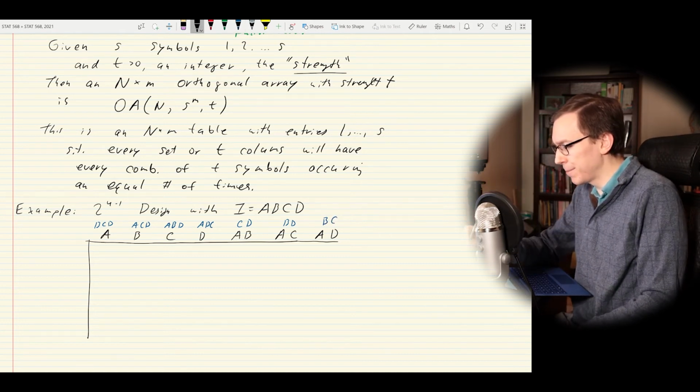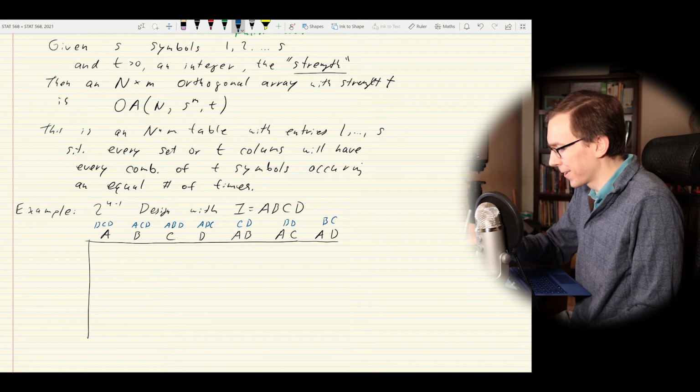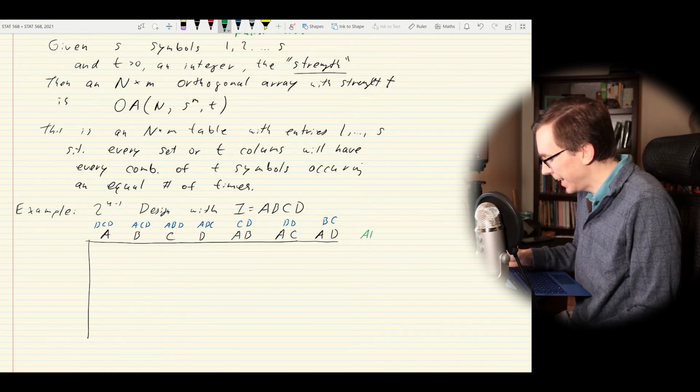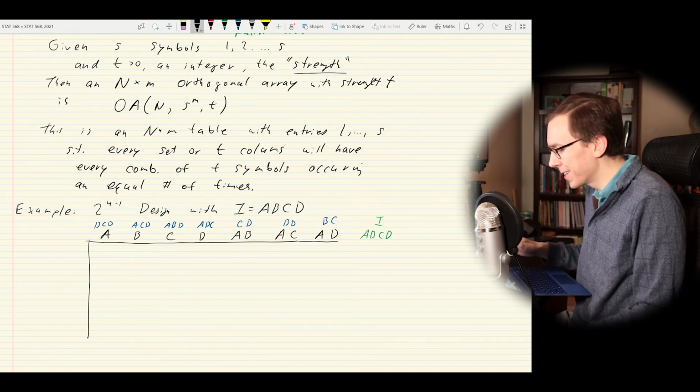And of course, there's one other column that I'm not adding here, which is ABCD, which is aliased with the identity, so it's all going to be ones.